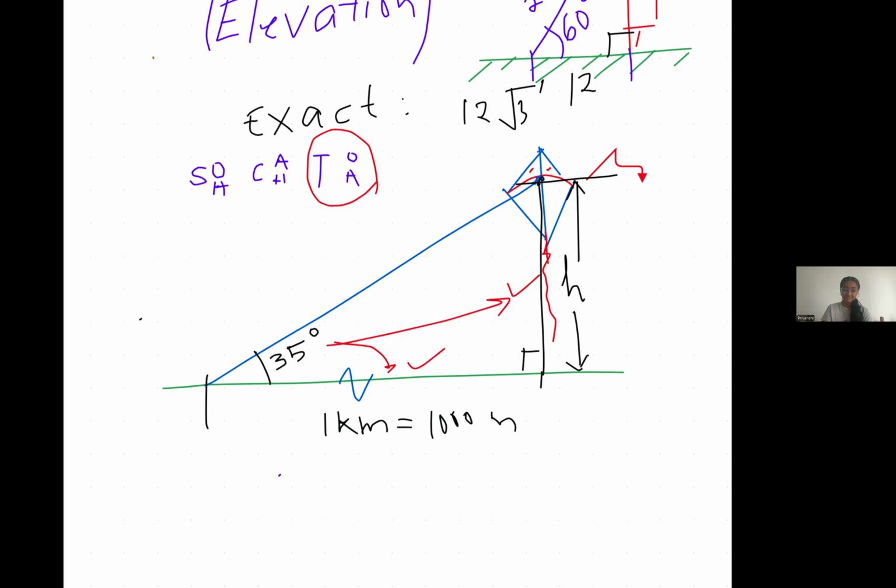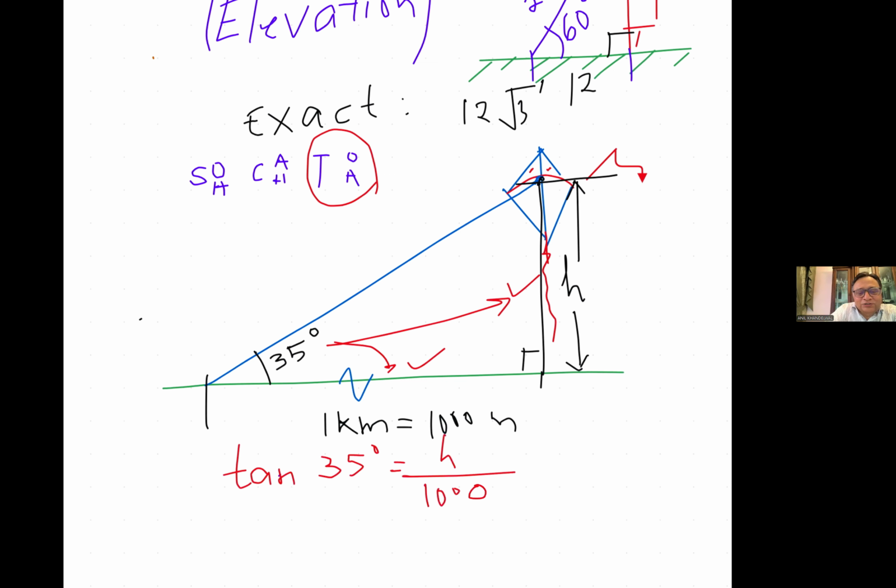So, can you please tell me what this tangent ratio will be? So tan of 35 degrees is equal to h over, let's say 1,000. We'll calculate in meters. Isn't tangent equal to opposite over adjacent? Yes, you're right.